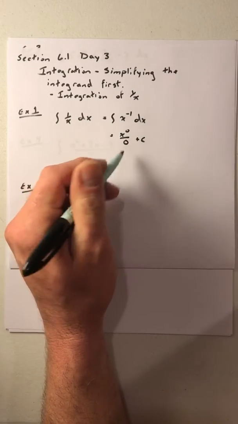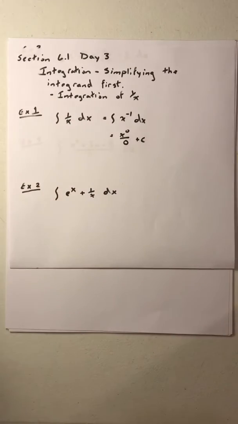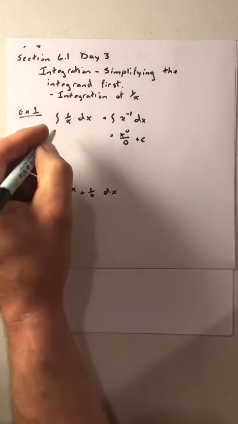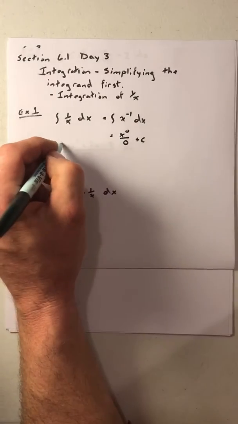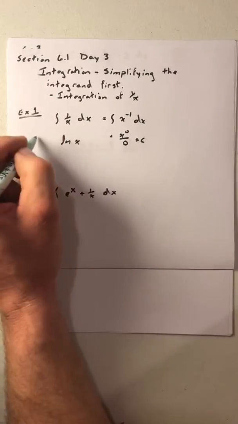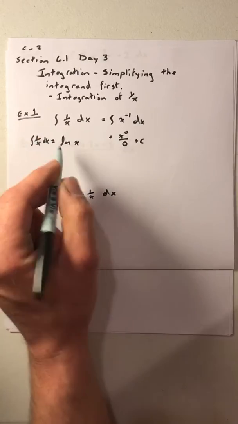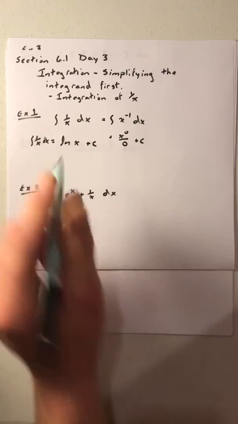That's undefined. So we need to go back and think about where we took the derivative of something to get 1 over x. And that something was the natural log of x. So we have the integration of 1 over x dx is going to equal the natural log of x plus c.